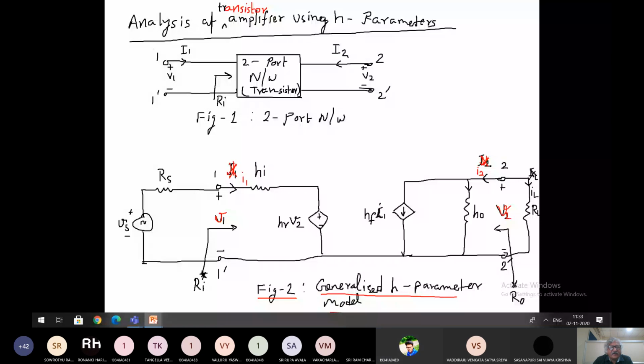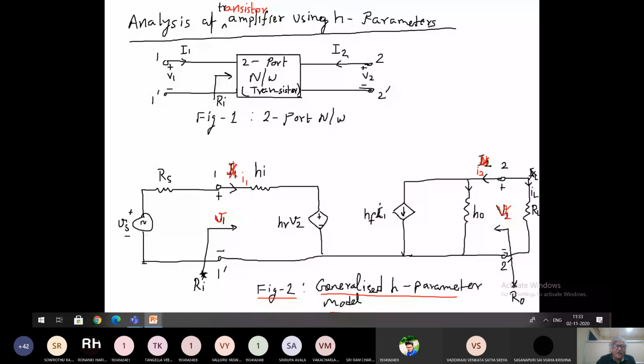RS is the resistance of the voltage source, right? Generally the value of this RS is very low. In the ideal situation, the voltage source should not have any resistance.